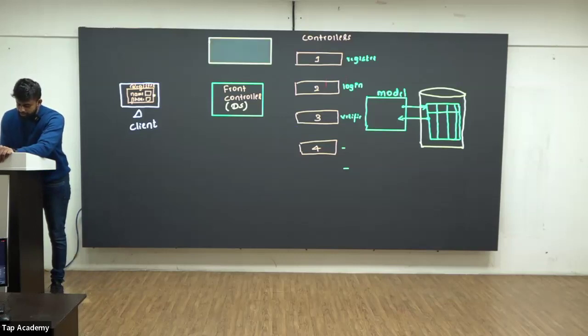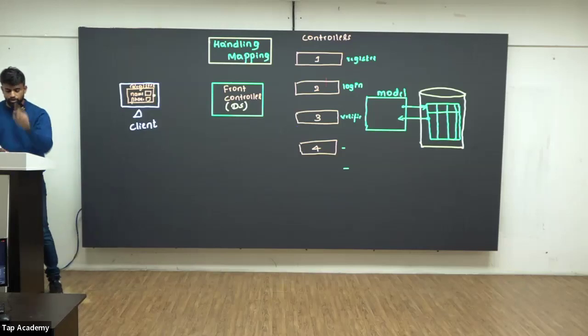And what will this guy do, sir? This guy, I call him mapper, or to be precise, handling mappers. Or simply I can say handling the mapping, like this. What do you mean by this, sir? Watch it.